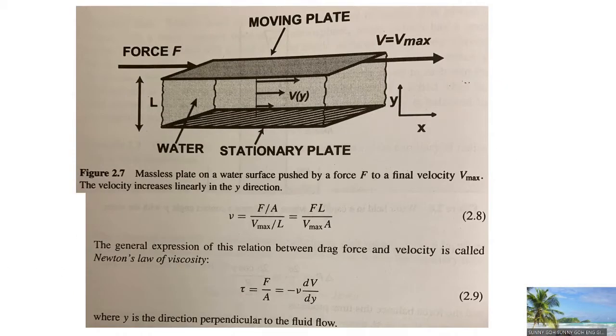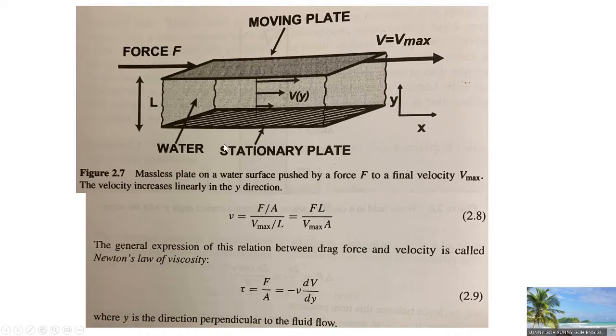This diagram shows a method that is used to measure a property of water. Imagine a plate that is almost massless, placed on top of a liquid volume, and the liquid volume is quite thin, and we have a stationary plate at the bottom that's not moving.